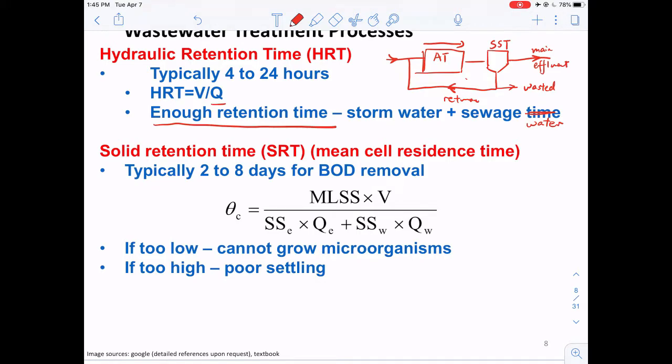If we have a very large value of the total flow rate, then the hydraulic retention time will decrease. If that decreases, there won't be enough time for the bacteria to oxidize the organics in the water. That's going to reduce the quality of the emitted water coming from the wastewater treatment plant. So we really want to guarantee that there is enough retention time for the operation of the activated sludge process.